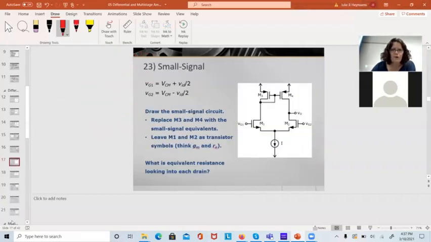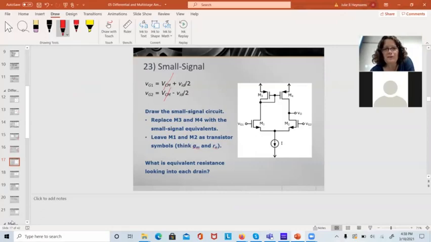So we want to draw the small signal circuit. For the small signal circuit, we're getting rid of that DC source, so V common mode goes away.